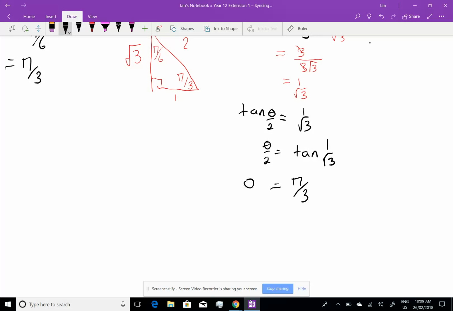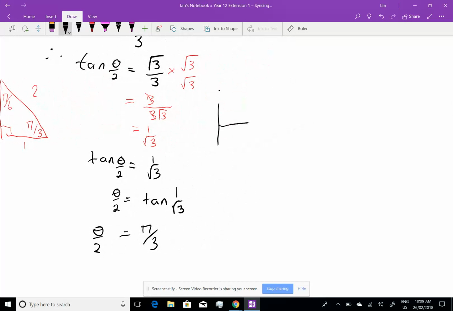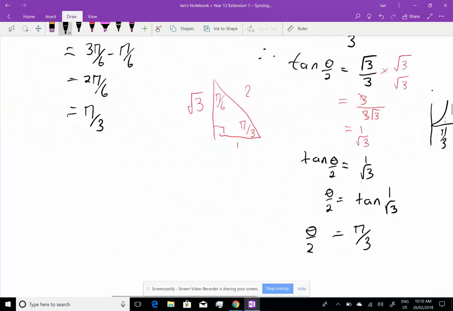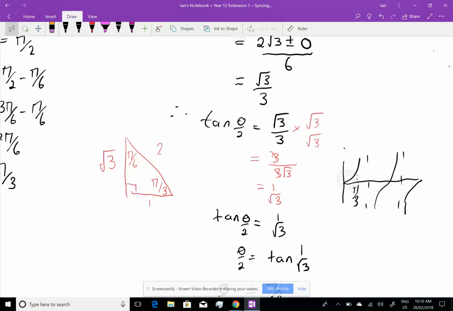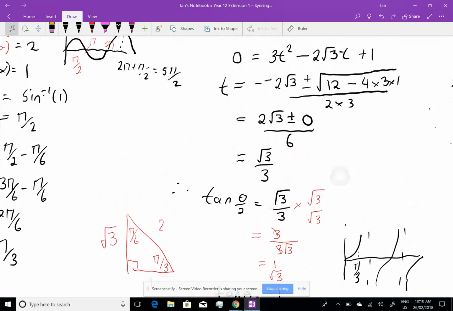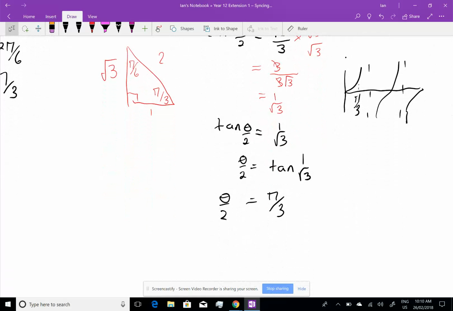But were there any others? Well, let's check. Here's tan, and there's my first one, my pi on 3. And I think I've messed this up. Yes, it's not pi on 3, it's pi on 6.